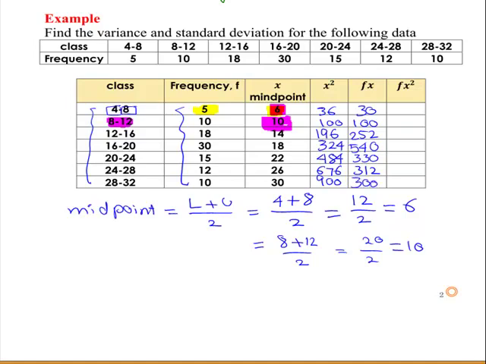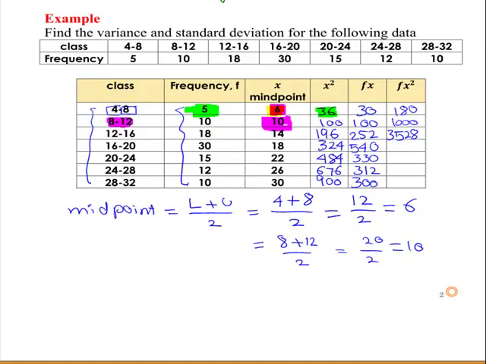Then to find the frequency multiplied by x square, I'm going to multiply the frequency with the value of x square. So let's do it again together. 5 multiplied by 36 will give you 180. Then 10 multiplied by 100 will give you 1000. 18 multiplied by 196 will give you 3528.